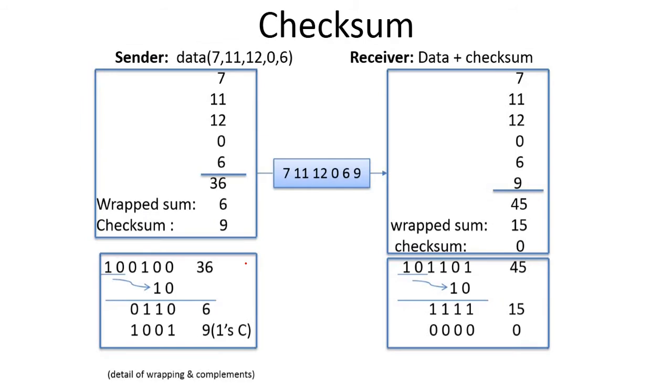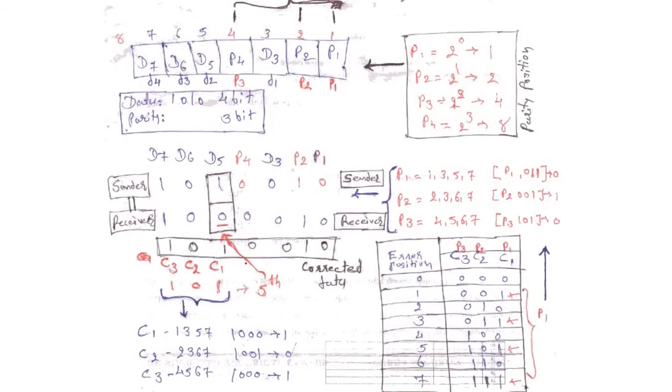Same thing in terms of checksum, we have used the checksum as well as wrapped sum and first complement. Same thing for the Hamming code. We have used the data bits as well as parity bits. We have discussed the Hamming code by using the minimum 7-bit Hamming code. There is an equation to decide how many bits we want to use for the Hamming code.